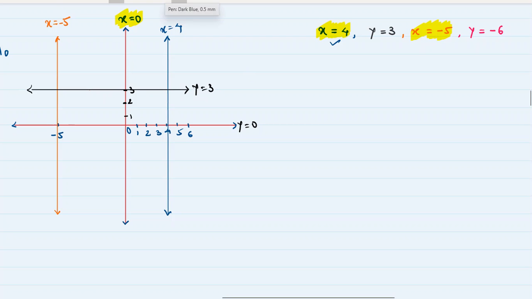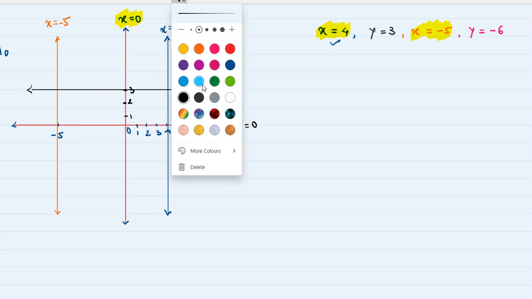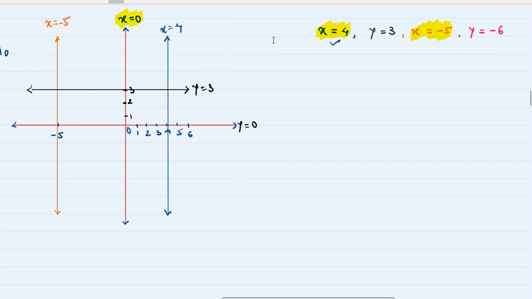And the last is y is equal to minus 6. Y is equal to minus 6. Let's see that. So we have minus 1, minus 2, minus 3, minus 4, minus 5, and minus 6.